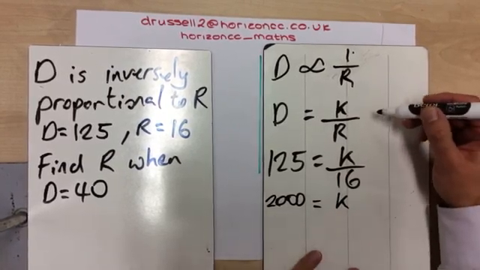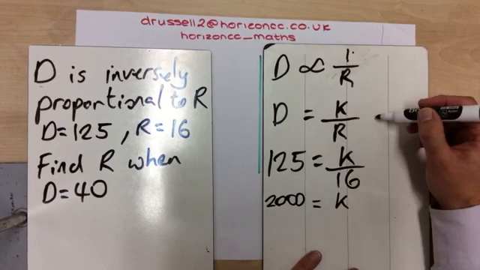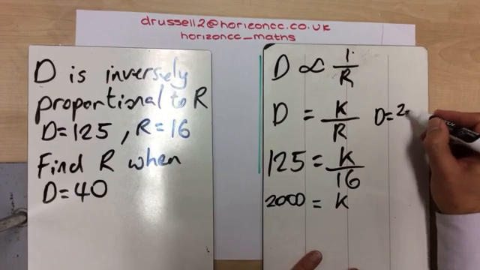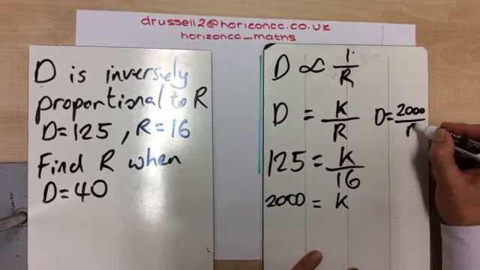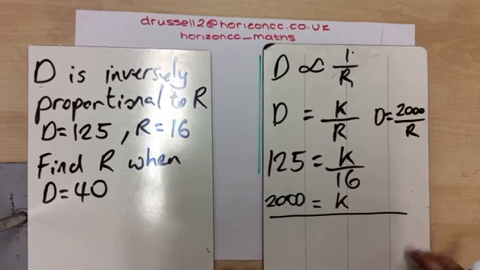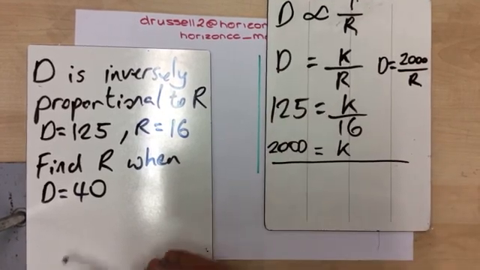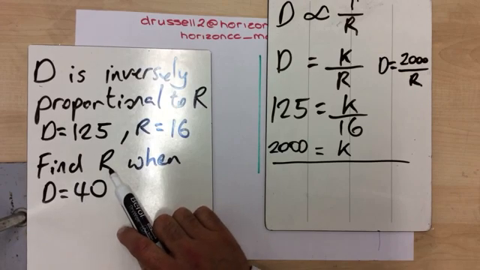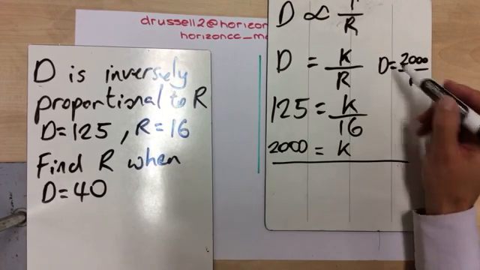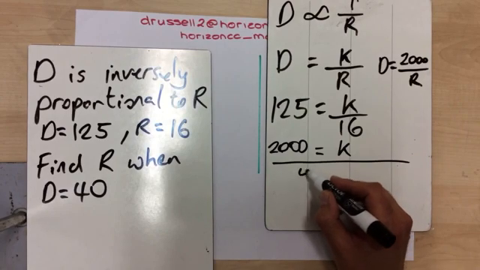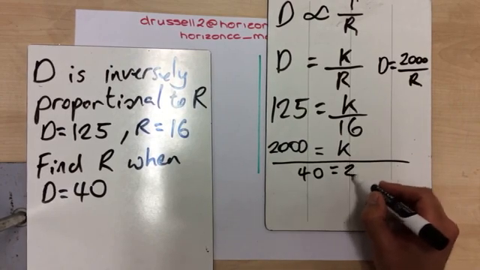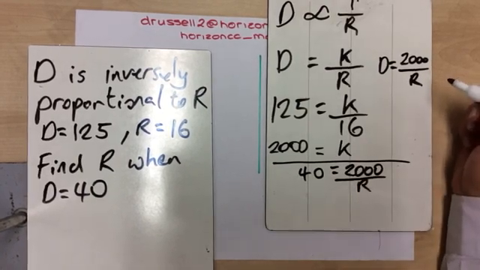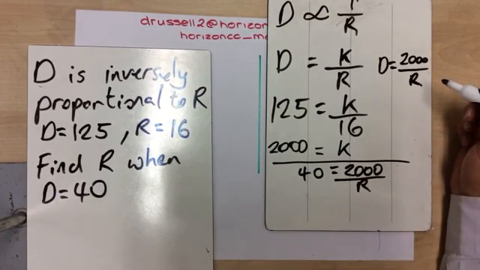So back to my original equation here. I now know that D equals 2,000 divided by R. Right, go into my question, and again, quite typical. I'm given that D equals 40, and I'm asked to work out what R is. So I'm just going to substitute 40 for D. So we've now got 40 equals 2,000 divided by R. Okay, so a bit of manipulation required here.